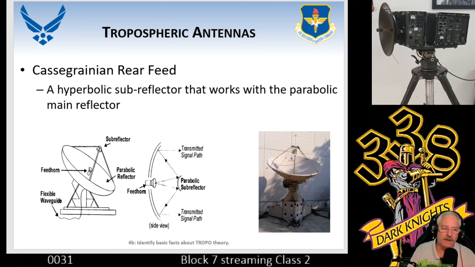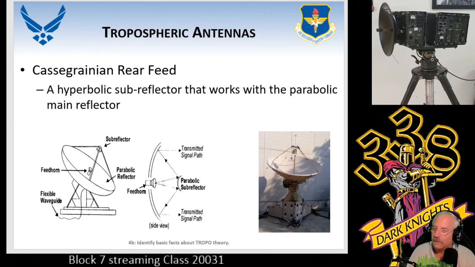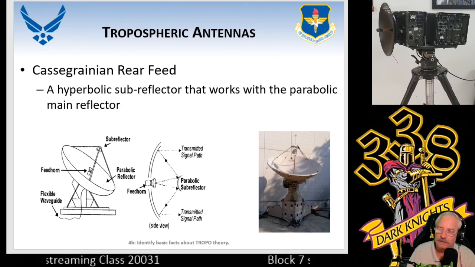The subreflector is taking the information that's being reflected off of the parabolic dish and focusing in on the antenna. You can see by the diagram on the transmit path, just reverse it for receive. It's a parabolic subreflector on the top there that is focusing all that energy to the antenna into that waveguide.